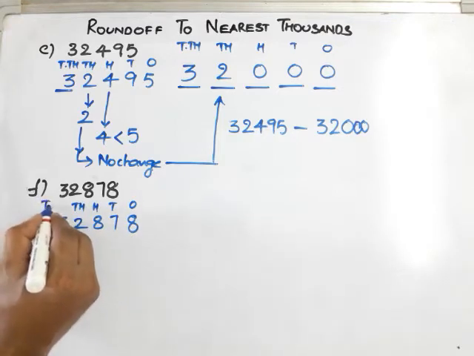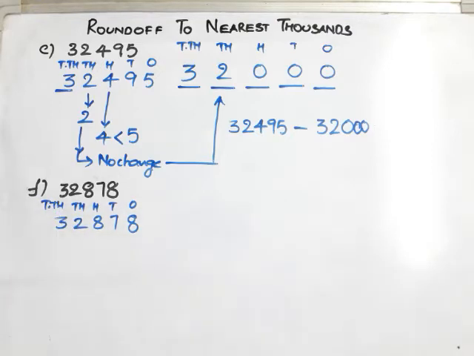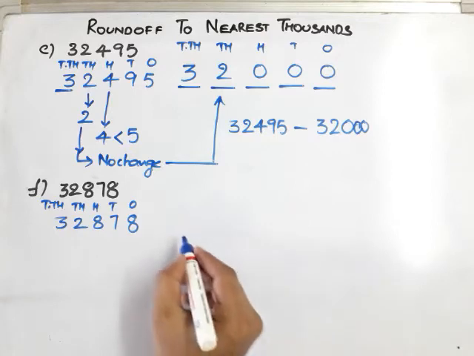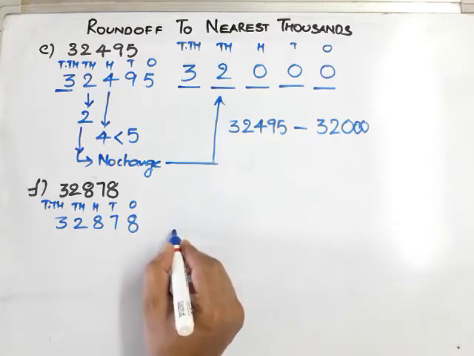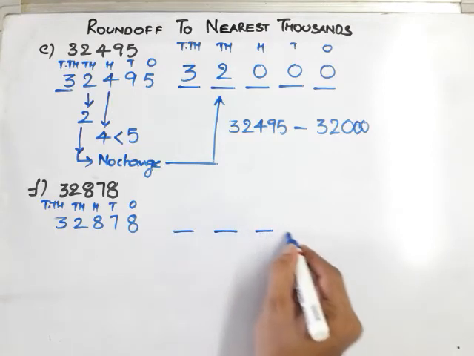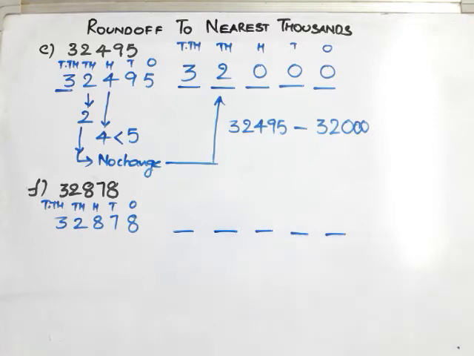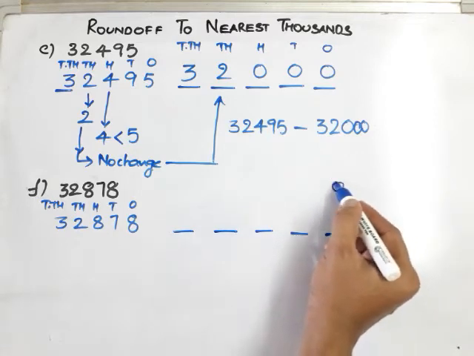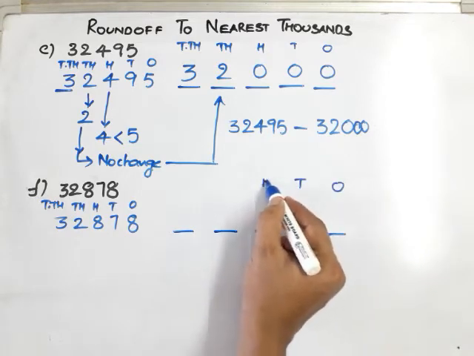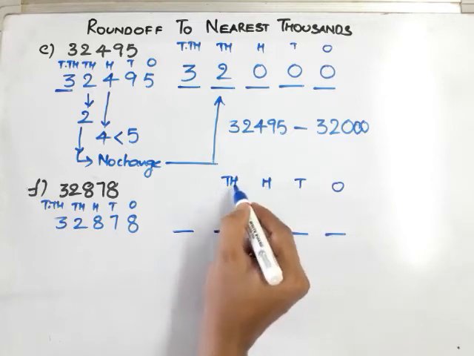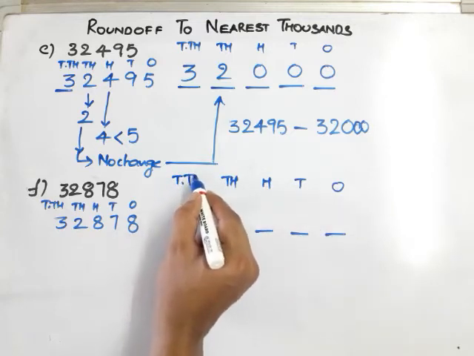Again we have 10,000 here. Now the new number will have 5 digits, 1, 2, 3, 4, 5. And the place values are ones, tens, hundreds, thousands and 10,000s.